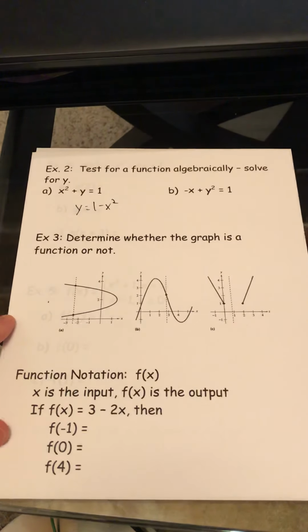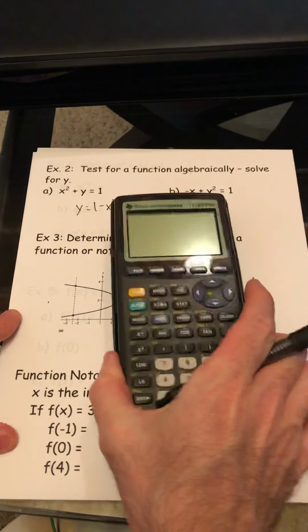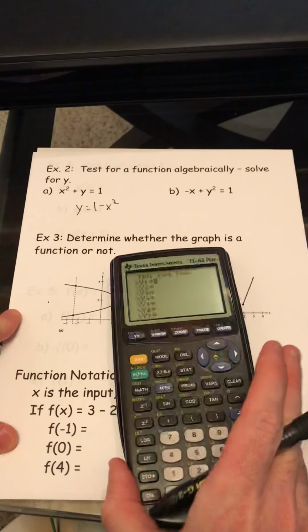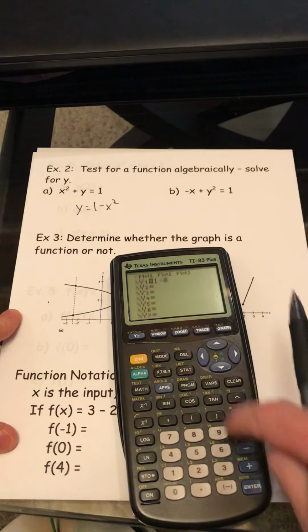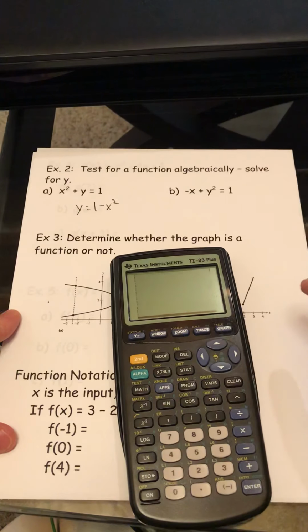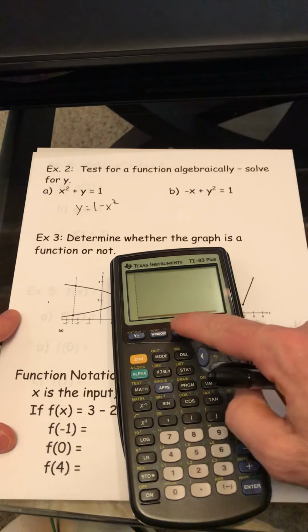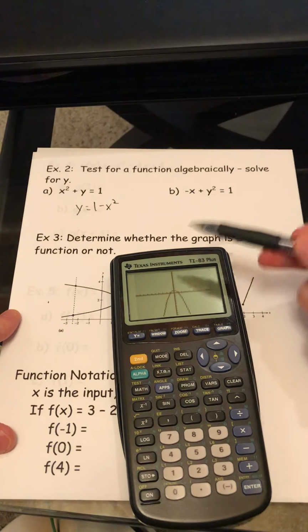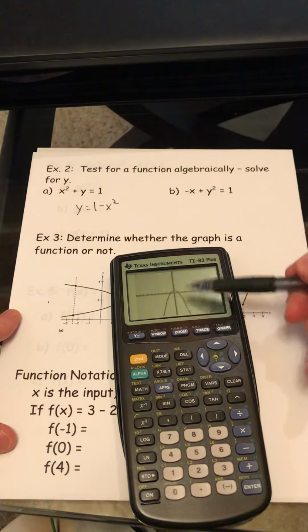To talk a little more about the vertical line test, if we have 1 minus x squared, when you graph that, you can see this is a function.